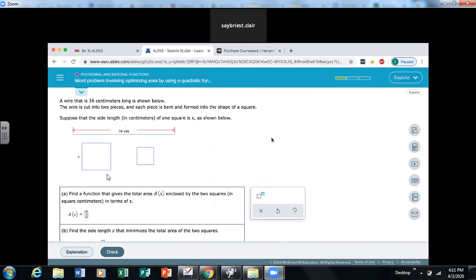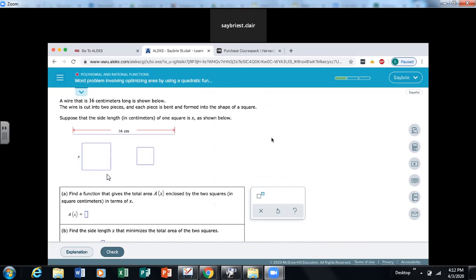That makes sense. So if I FOIL that last one, 16 minus x, I'm going to FOIL that. So 16 times 16 gives me x squared plus 256 minus 16 times 2, 32x plus x squared. I get this function is 2x squared minus 32x.